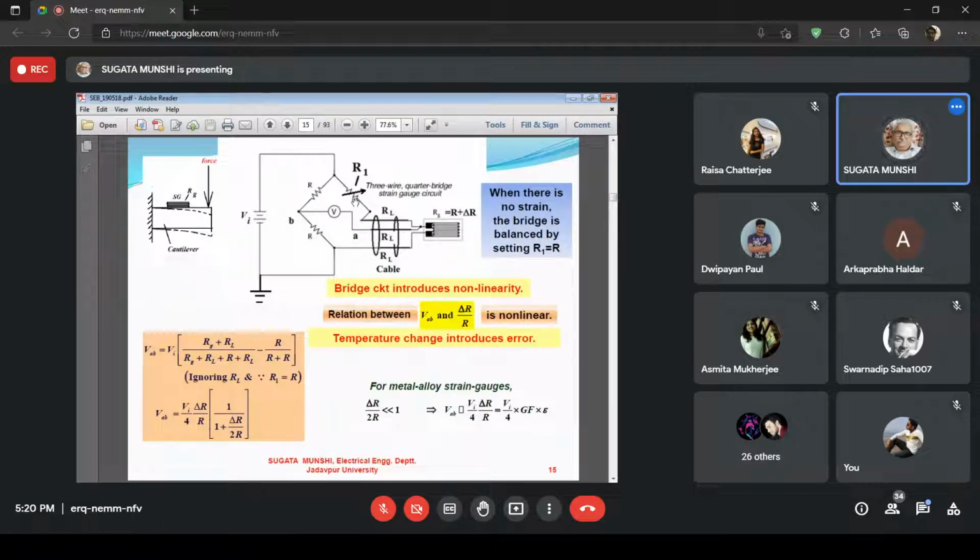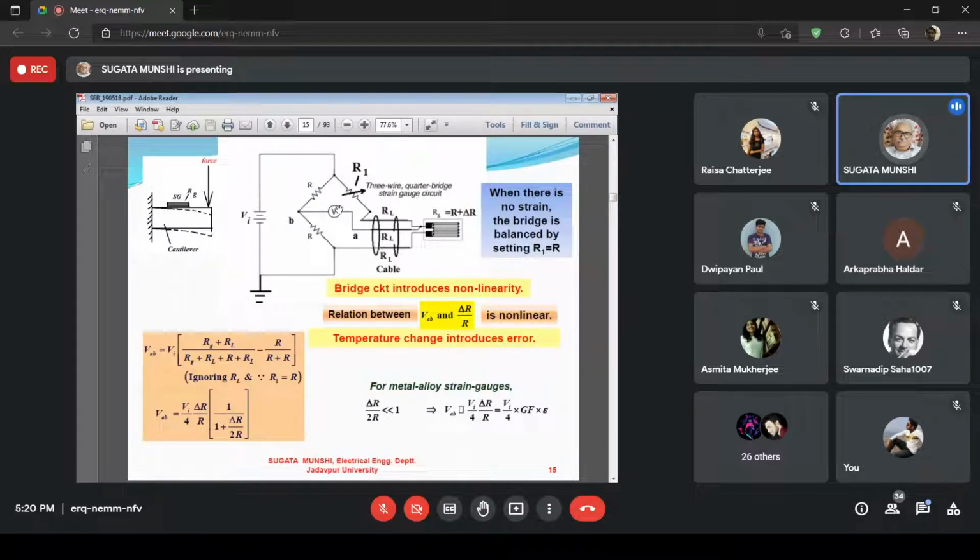Now, I have placed this gauge in one arm of a Wheatstone bridge, as you can see here from the right side diagram. Remember that the gauge is at site, and your remaining bridge configuration and the supply, as well as the voltmeter. If you use null method, you'll be using some galvanometer.